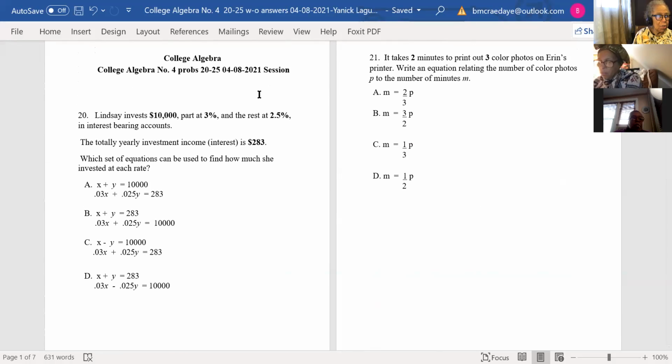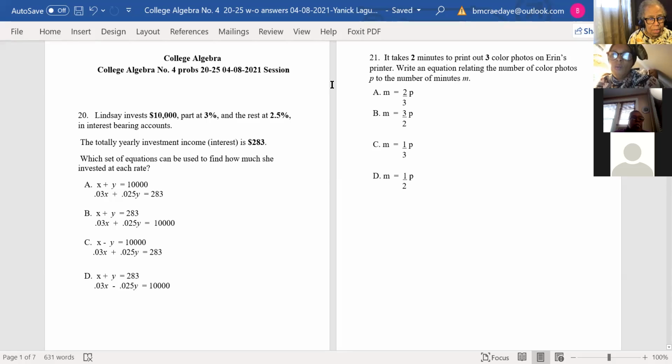What does it say at the top? College algebra number 4. We didn't do that. Problems 20 to 25. No, we went through 18 and 19.